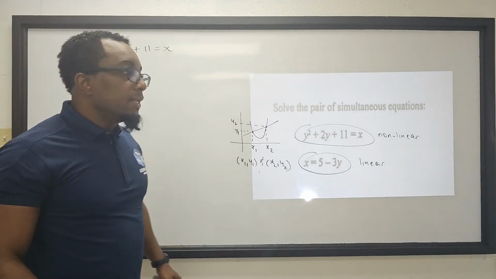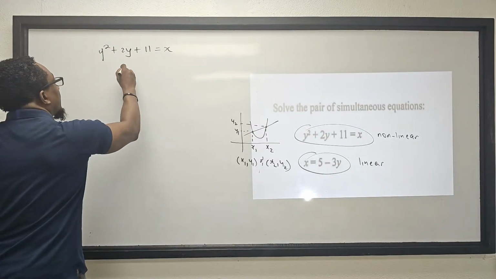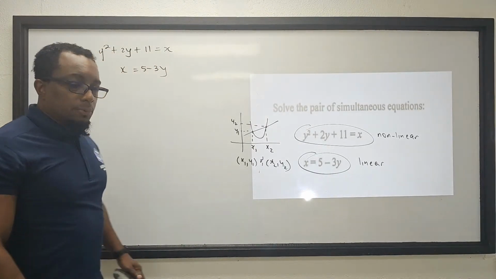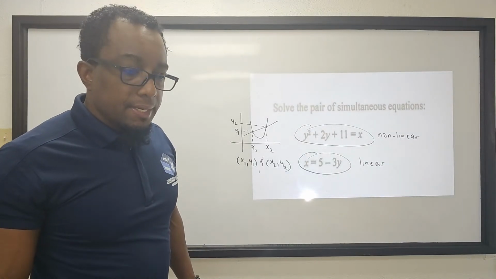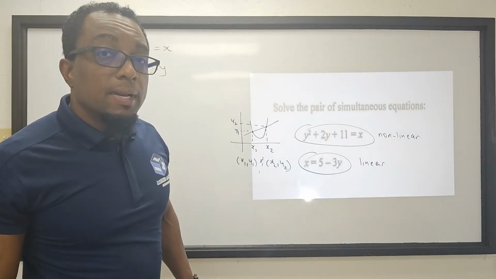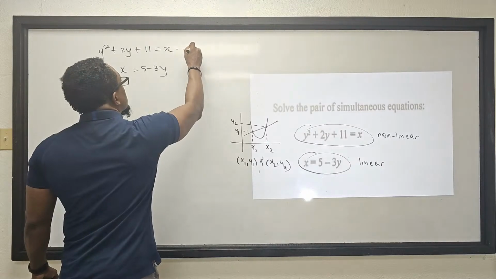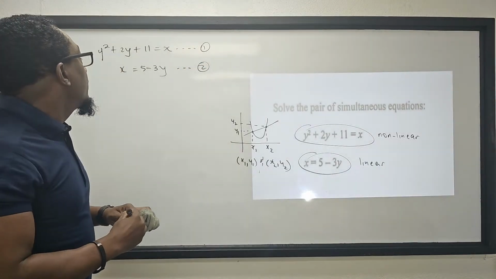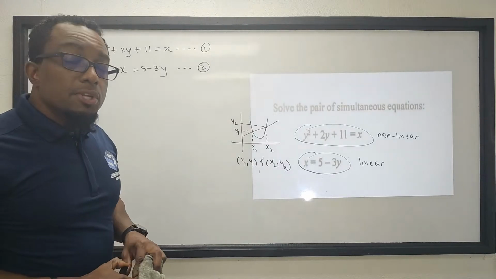So that's our non-linear. Our linear is x is equal to 5 subtract 3y. So when we solve a pair of equations simultaneously, the first thing we do is to label those equations. This is 1, this is 2, and we are going to use a method of substitution.